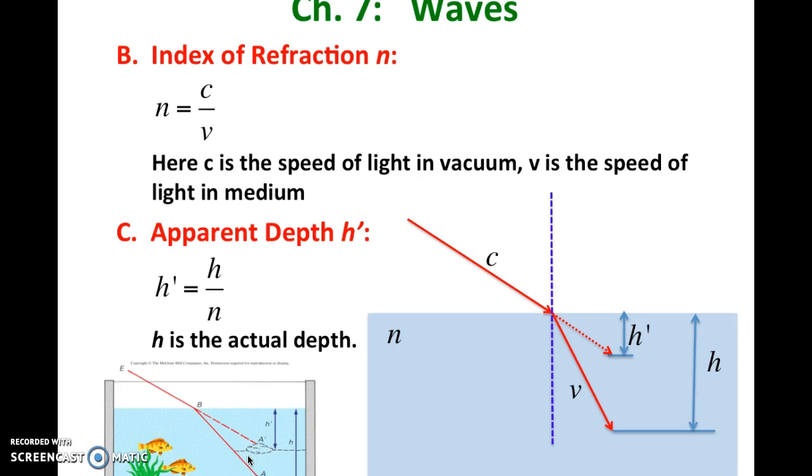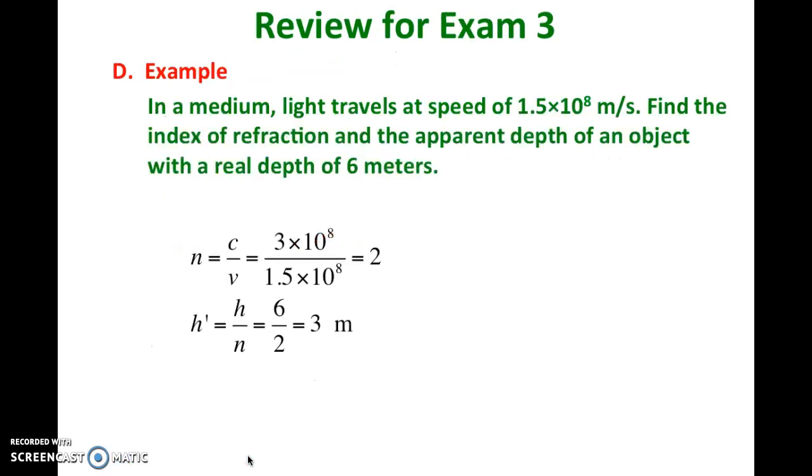Let's do an example. In a medium, light travels at a speed of 1.5 times 10 to the 8 meters per second. Find the index of refraction and the apparent depth of an object with a real depth of 6 meters.